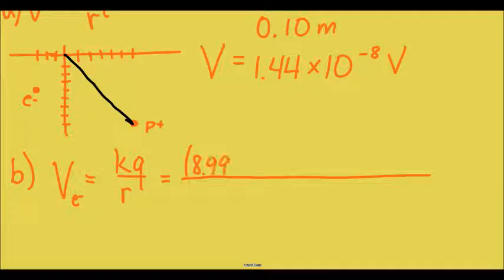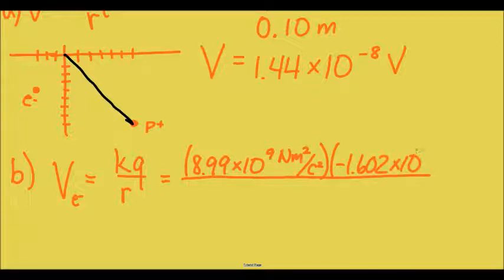So 8.99 times 10 to the 9th newton meters squared per coulomb squared. This time it's an electron, so we'll use negative 1.602 times 10 to the negative 19th coulombs. And for my distance, once again, something I need to calculate.